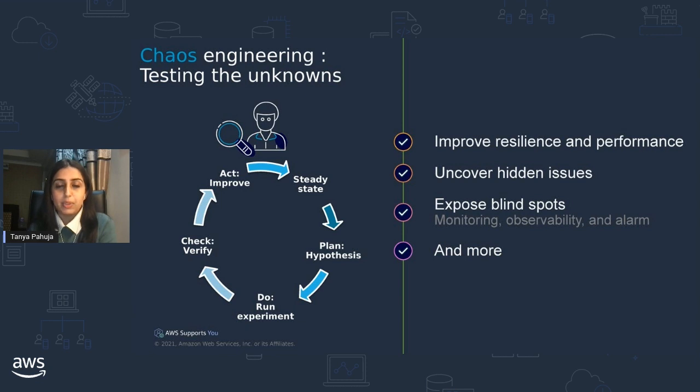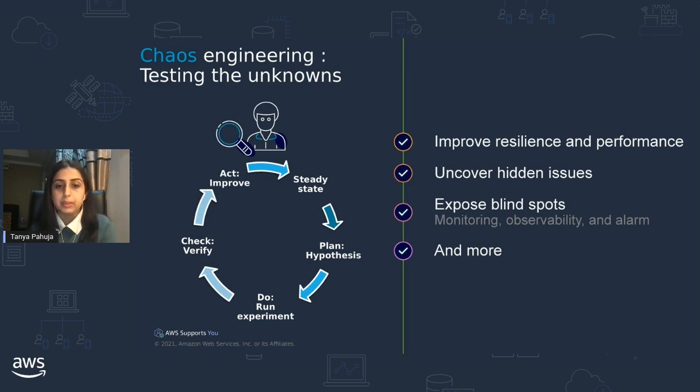Now, the next stage is hypothesis. In this stage, you create a hypothesis that this steady state will continue in a control group or, let's say, in an experimental group. And then the next step involves running that experiment, which means introducing variables that reflect real world events to your application.